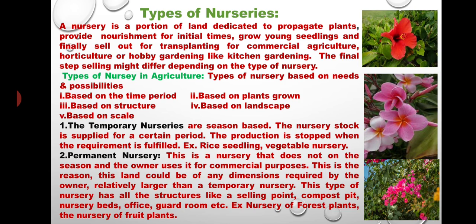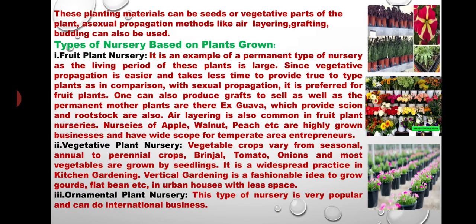Relatively larger than the temporary nursery, this type of nursery has all the structures like a selling point, compost pit, nursery beds, office, guard room, etc. Examples are nursery of forest plants, the nursery of fruit plants. These planting materials can be seeds or vegetative parts of the plant. Asexual propagation methods like air layering, grafting, budding can also be used.